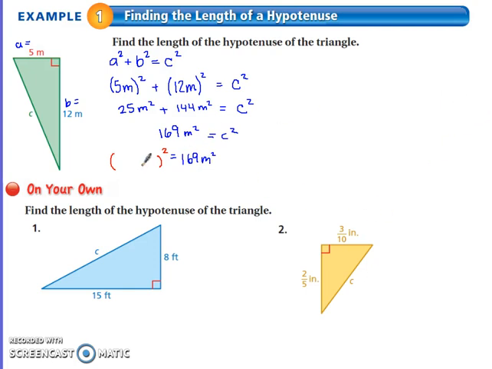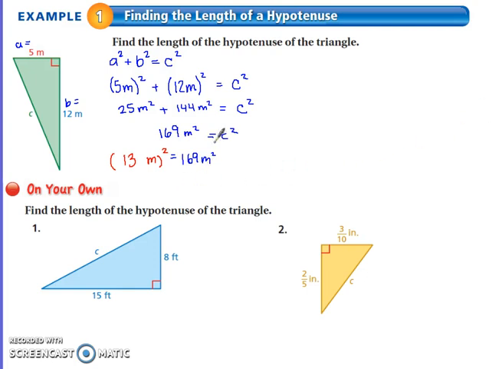Well, I know that I have my meters being squared, so I'm going to go ahead and fill in my units as just meters, and then this exponent says that we will be squaring them. Now I'm looking for the square root of 169, which will be 13. So what I have found is that 13 meters to the second power is going to give me that 169 square meters.